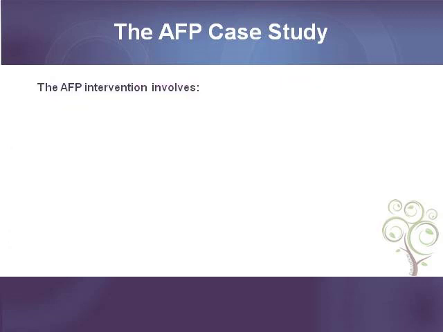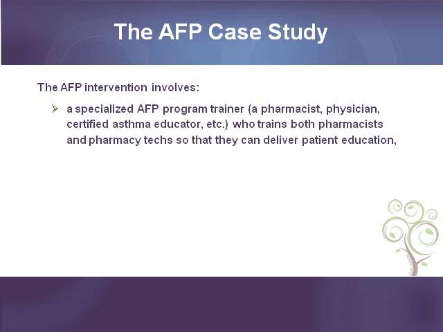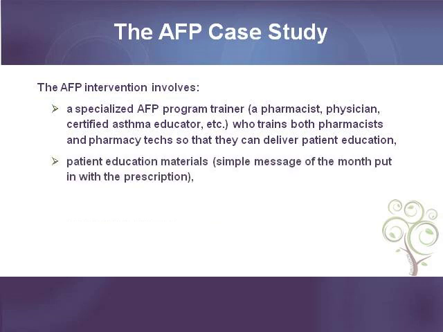The intervention itself involves a specialized AFP program trainer. It can be a pharmacist, a physician, a certified asthma educator. That person trains both pharmacists and pharmacy techs so that they can deliver patient education. The second part of the intervention is the patient education materials themselves, simple messages of the month that are put in with the prescription.